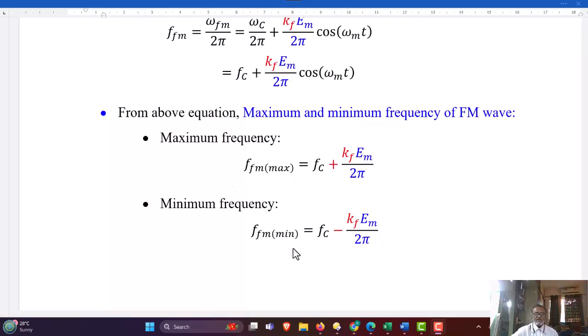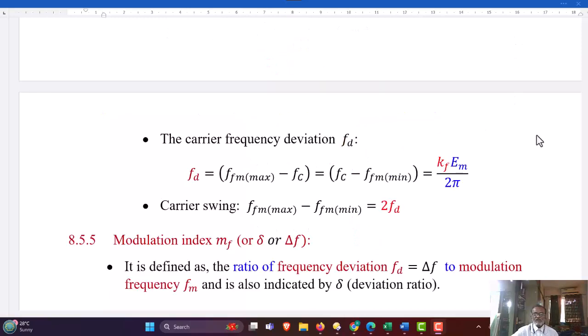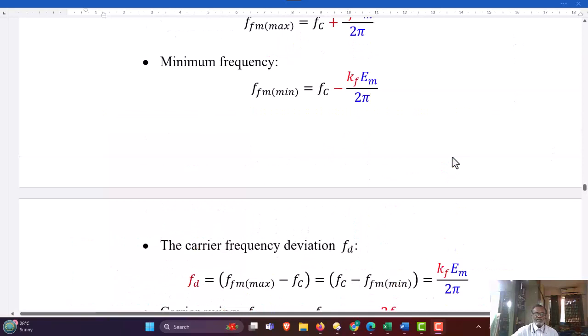From these two expressions, we found that the frequency is varied from minimum to maximum when the modulating signal is changing from minimum amplitude to the maximum amplitude. Let us estimate the frequency deviation from these two expressions. Frequency deviation fd is defined as the change in frequency from the carrier frequency. So it can be f FM max minus fc, or it can be fc minus f FM minimum.